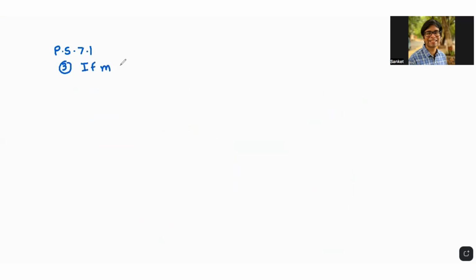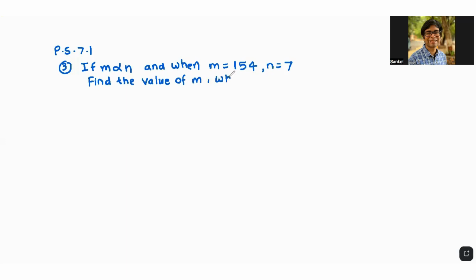If m is directly proportional to n, and when m is equal to 154, n is equal to 7, find the value of m when n is equal to 14. Let us start with this question.